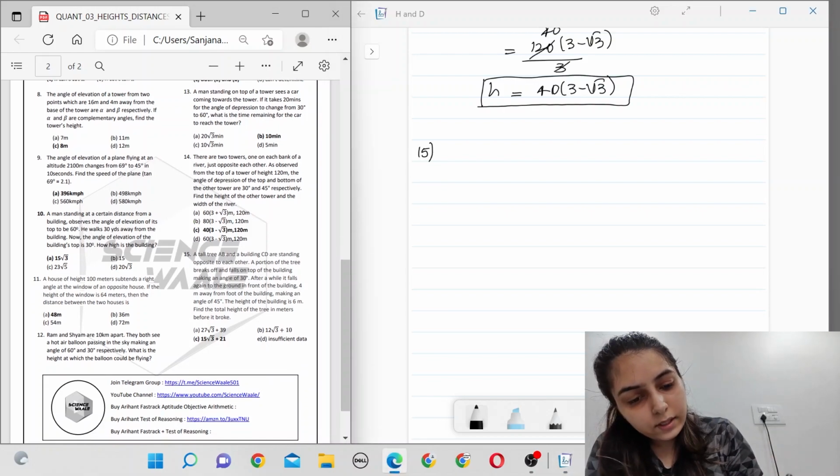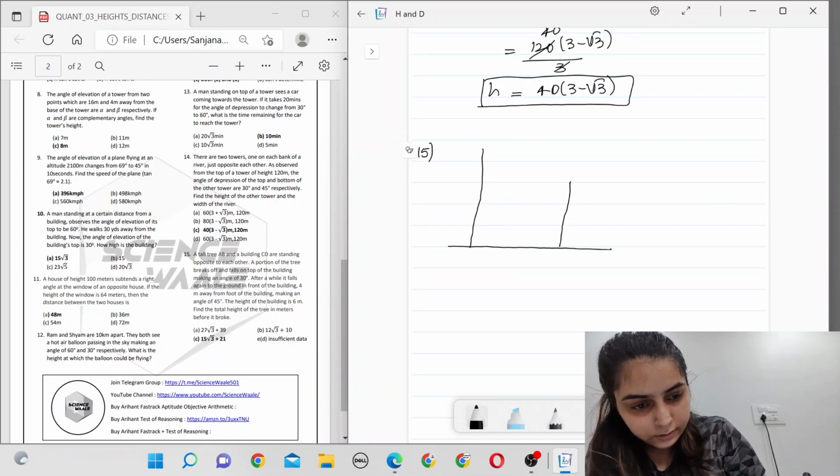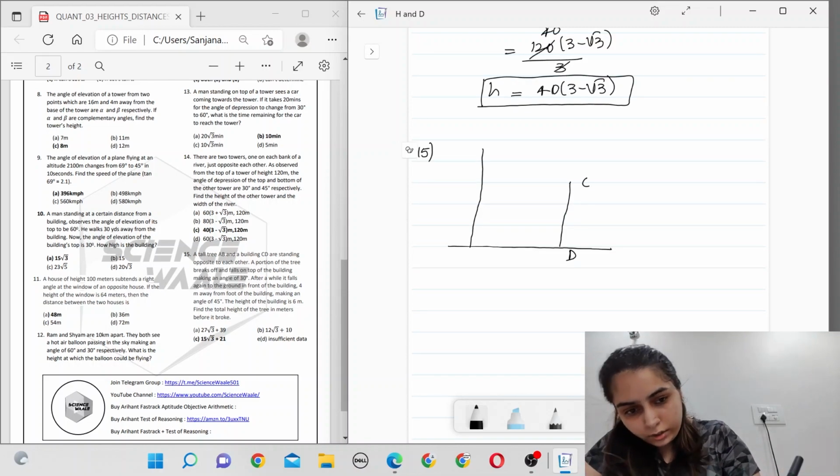So here they are giving us that there is a tree and a building CD standing opposite to each other.